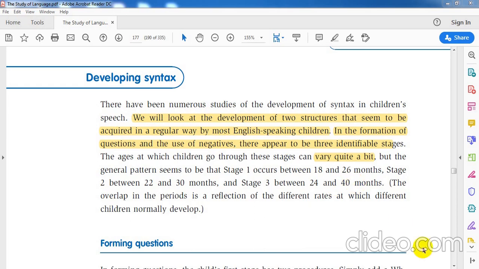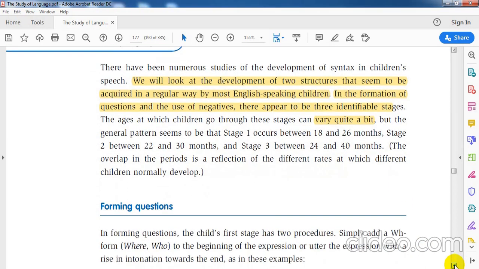Let's see further details. But it is very important to keep in mind that the children, as subjects developing their own syntax stages, are not going to develop at the same time. We have some exceptions. Sometimes we find a child who is able to develop the question formation before the 18 months, maybe.